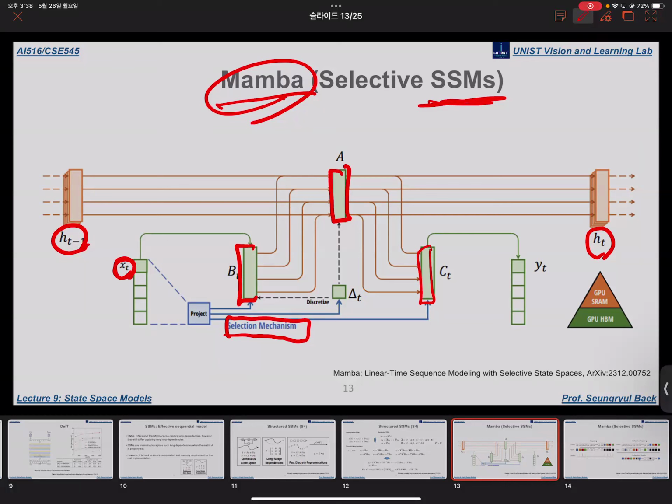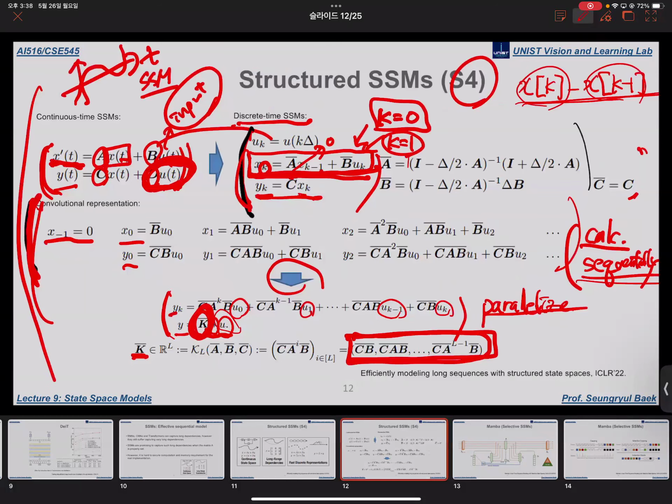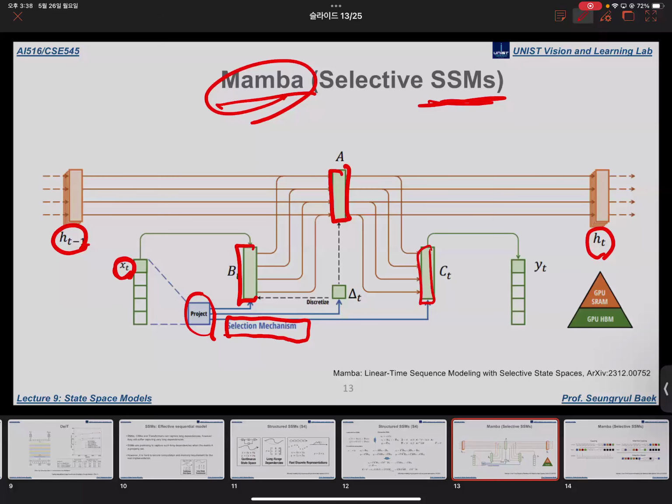Without this part, the figure is overall the same as how they denote these discretized SSMs, but they involve one more module that can select some of the parameters. Actually, they are selecting the B matrix and C matrix and some offsets.